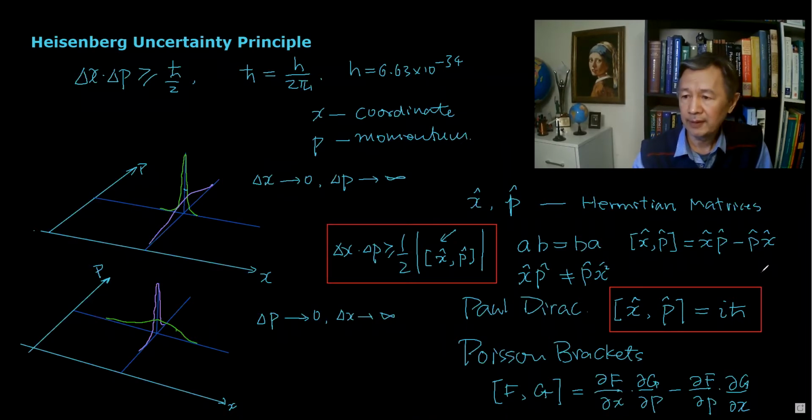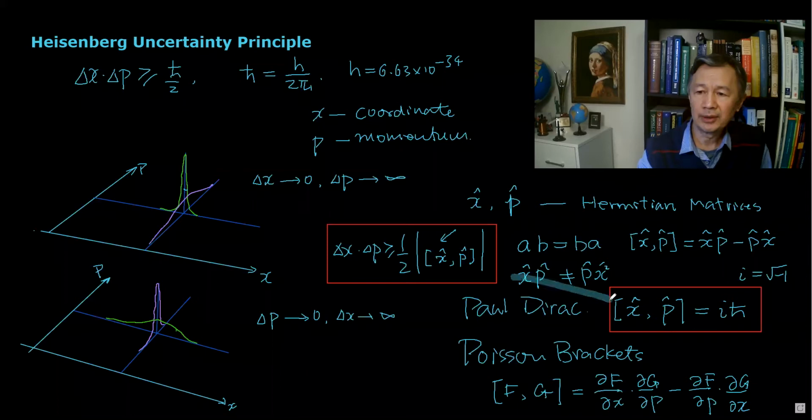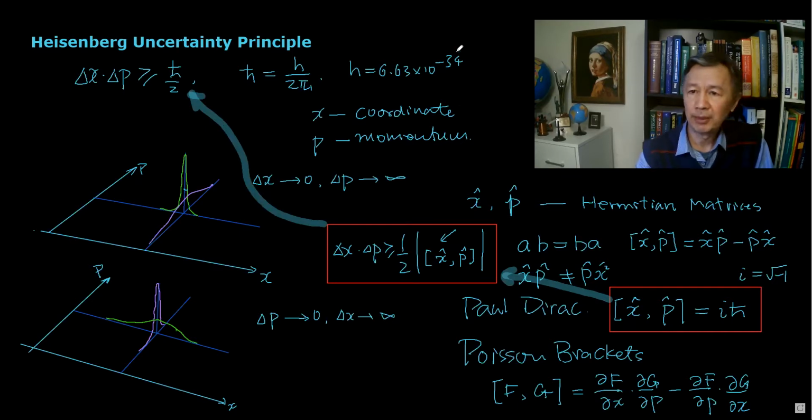If you have studied complex numbers, i represents the square root of minus 1. If you substitute this equation into this one, you will get the famous Heisenberg uncertainty principle.